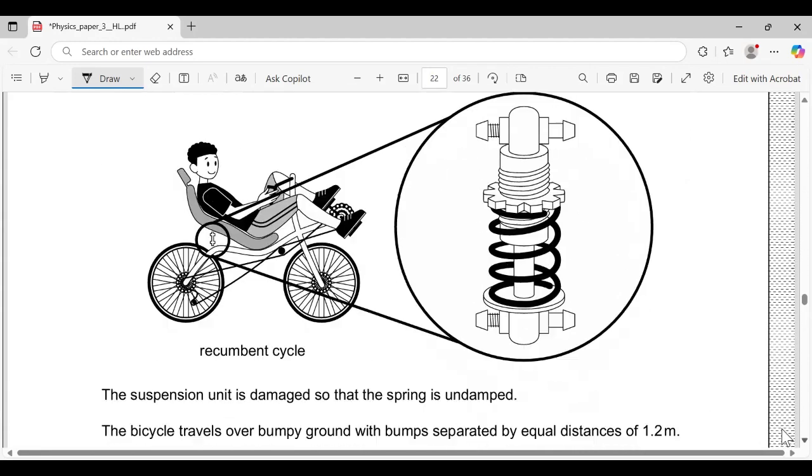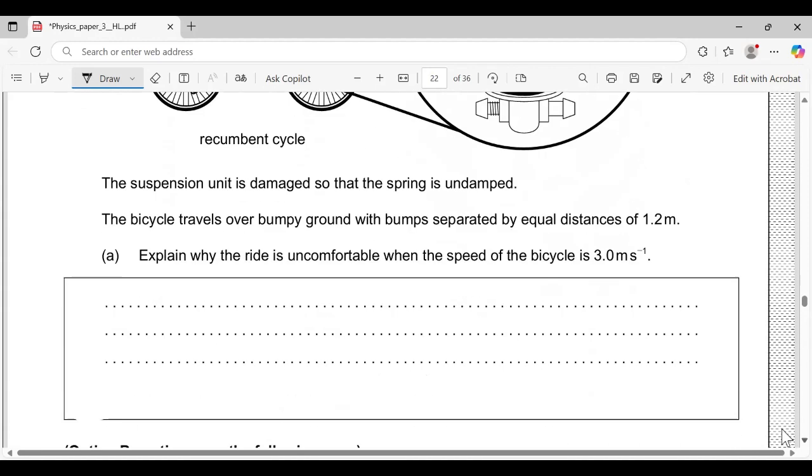The suspension unit is damaged so that the spring is undamped. The bicycle travels over bumpy ground with bumps separated by equal distance of 1.2 meters. Explain why the ride is uncomfortable when the speed of the bicycle is 3.0 meters per second.